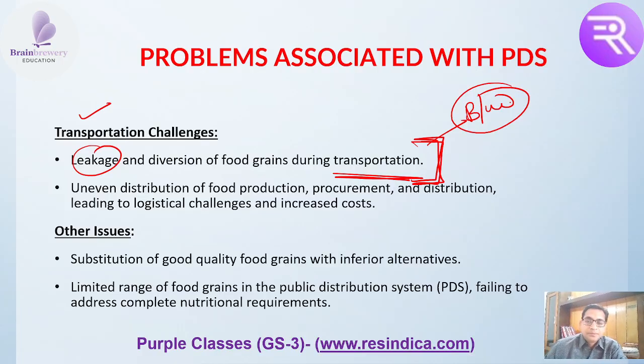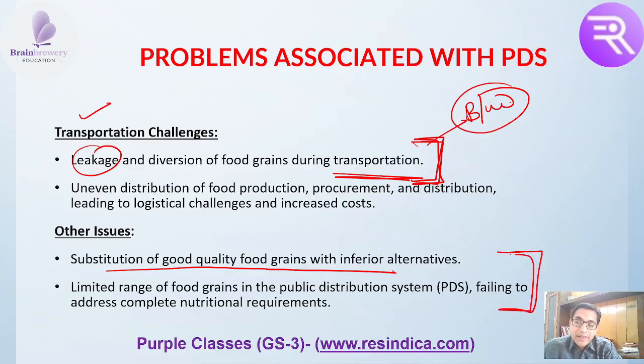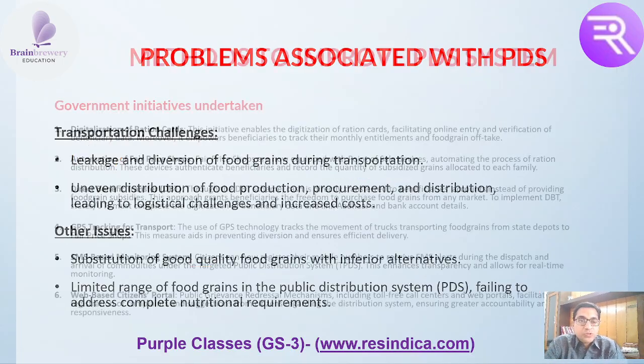Then the fair price shop owner or the warehouse owner substitutes good quality food grain with inferior quality, right? And whatever food grain you are getting is also not of good quality, and because of that we are not getting proper nutritional support from the grain. So these are the other issues.